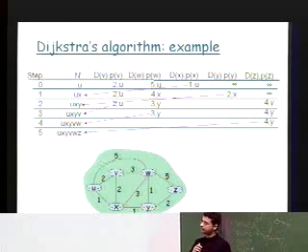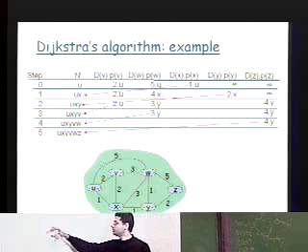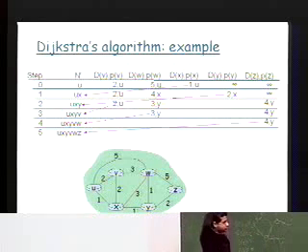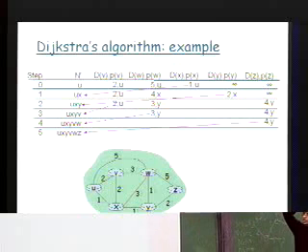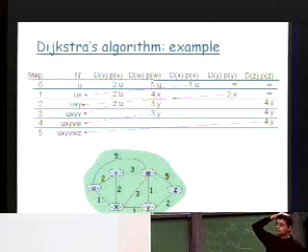So suppose now I want to go from node U to node W. What would the forwarding table at node U look like?